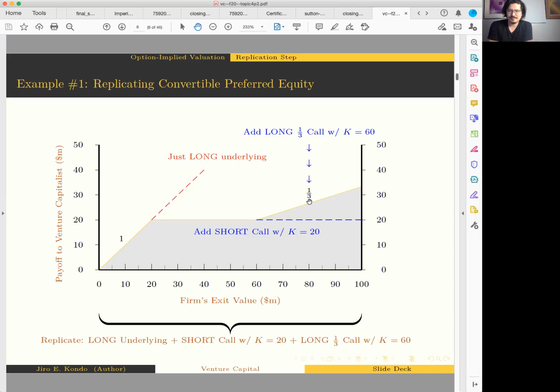In a world with no transaction costs, that makes sense, right? So this is actually what we're going to do here. We're going to look at this as something that we can build up with more fundamental and basic pieces that we already kind of understand.